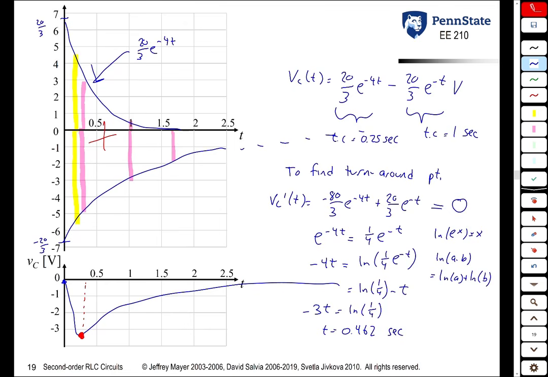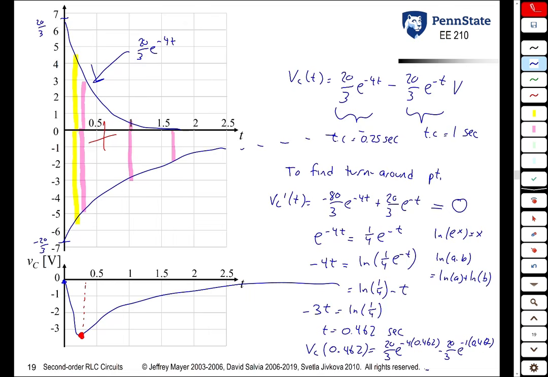0.462 seconds. And to find the value at that, you just plug that into the original equation. Vc of 0.462 is going to be what? 20/3 e to the minus 4 times that minus 20/3 e to the minus 1 times that.